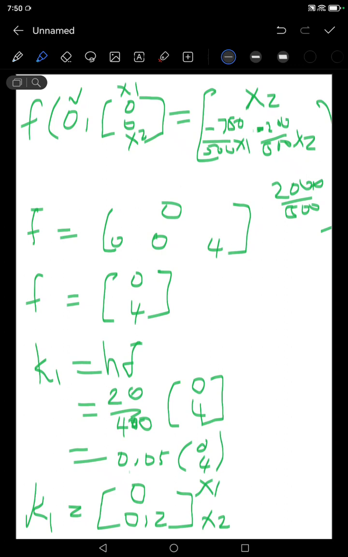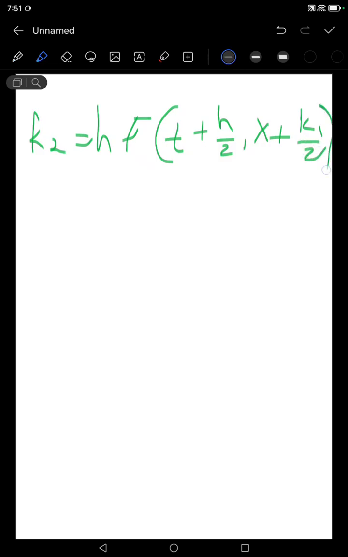K2, we're still going to do the same thing. The formula for k2 is equal to hf into t plus h over 2, and then x plus k1 over 2. Remember, we already have the value of k1, which is 0 and 0.2 in vector form. So now let's continue and calculate k2.